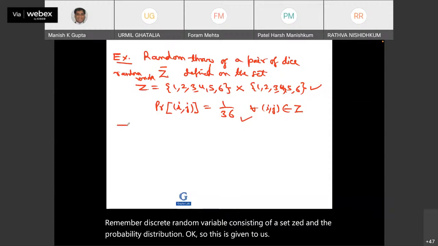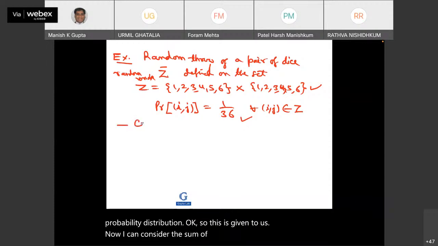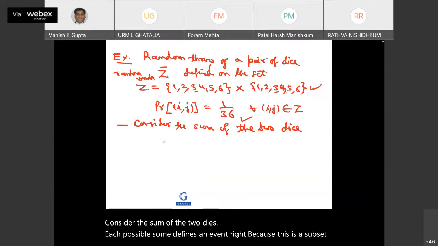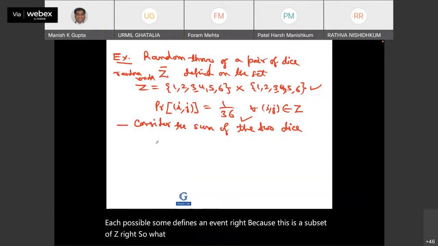Now I can consider the sum of the two dice. Each possible sum defines an event, right? Because this is a subset of Z. So we can compute the probabilities.